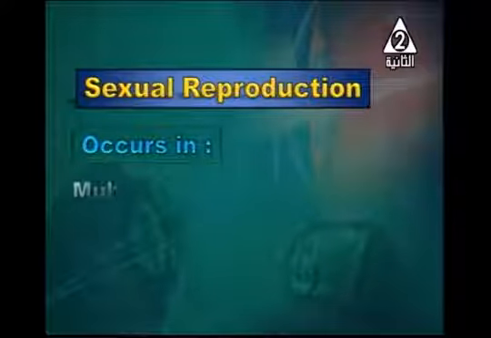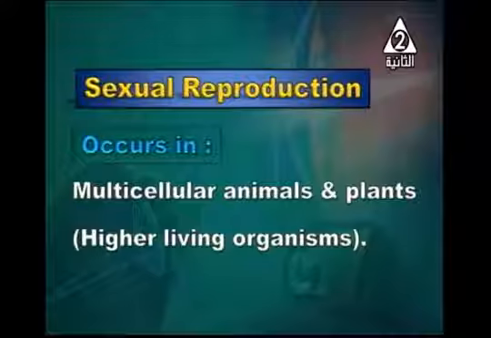The second type of reproduction is the sexual reproduction. The sexual reproduction occurs in multicellular animals and multicellular plants, or the higher living organisms, where the living organisms produce new individuals that have genetic traits different from their parents.